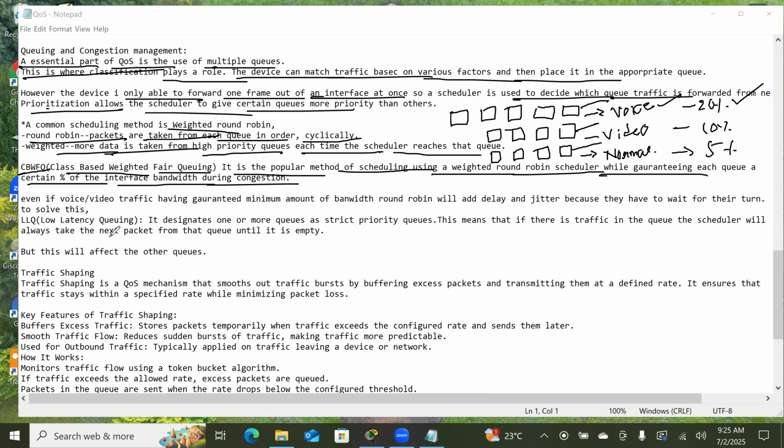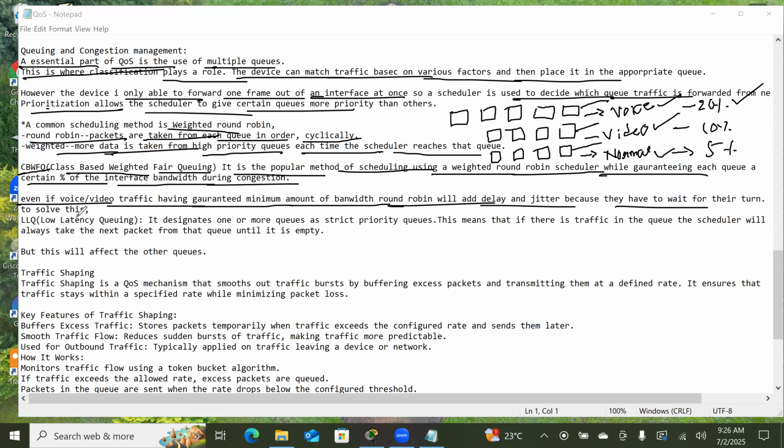Even if voice or video traffic has a guaranteed minimum amount of bandwidth, round robin will add delay and jitter because they have to wait for their turn. Voice has to wait until the scheduler takes data from video and the normal queue, and again normal has to wait for voice and video, like that.